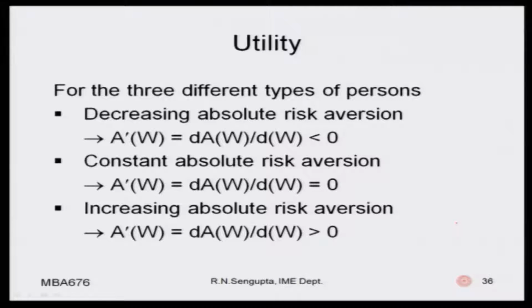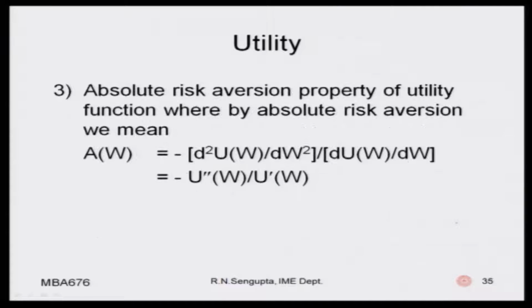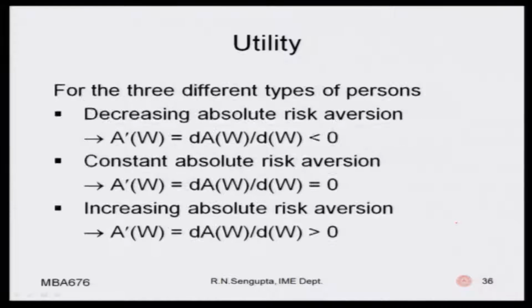For the three different types of person, if the first derivative of A(W) is less than 0, equal to 0 or greater than 0, the person can be clubbed as decreasing absolute risk aversion, constant absolute risk aversion, and the third case would be basically a person whose absolute risk aversion is increasing.